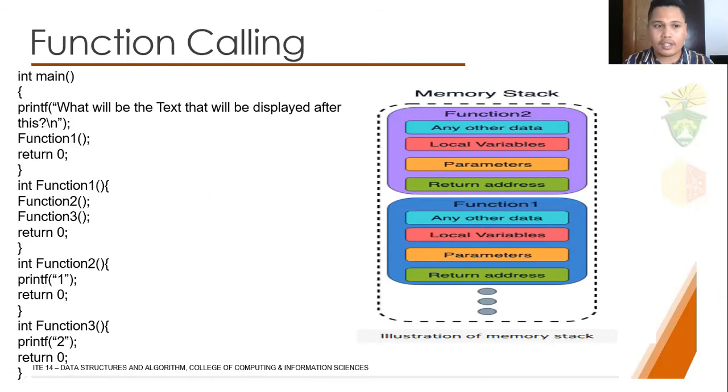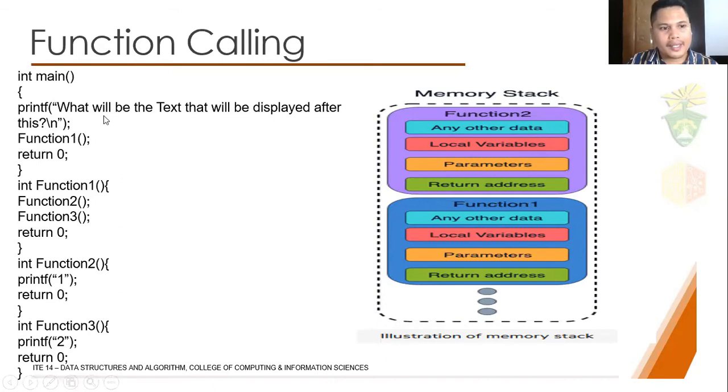Meaning ang whole nga function, including any other data, ang iyang local variables, parameters, and ang iyang return address. So stack siya in the sense nga last in, first out ang iyang behavior. So meaning kung kinsa tong pinaka-last, the same sa way ka mag-stack og plate sa inyong balay. So ang pinaka-taas mao ang pinaka-una nga makagawas.